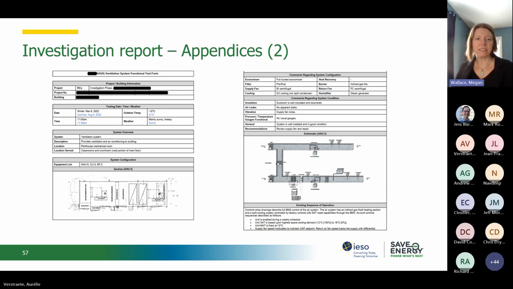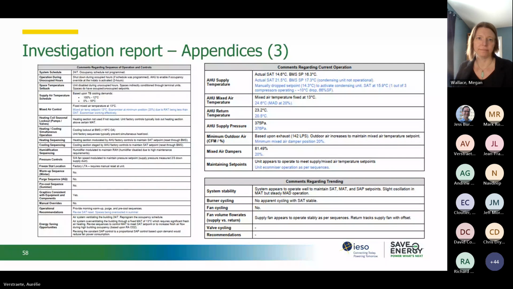Another example of appendices would be the functional systems test forms as they were filled out, with anything that was observed, fully completed. And then the final appendices in our examples are the checklists and the review of the BAS. This is a review of the whole sequence of operations and the controls for the BAS.